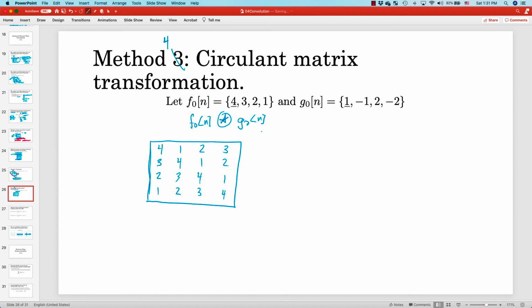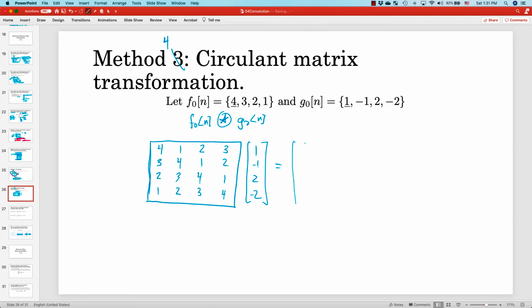And in order to find this circular convolution, you can then just transform G, if you write it out here: 1, minus 1, 2, minus 2. And this is just your typical matrix transformation of a vector.